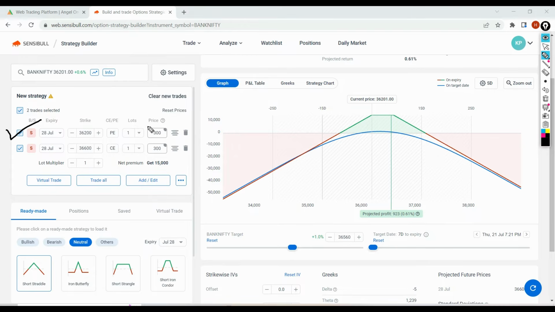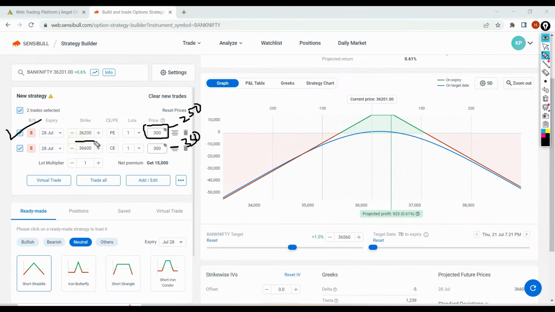So ideally your profit making leg would be this one, PE. This might be, let's say, 250, and this might become 350 or 370, 380, because this is your testing side.